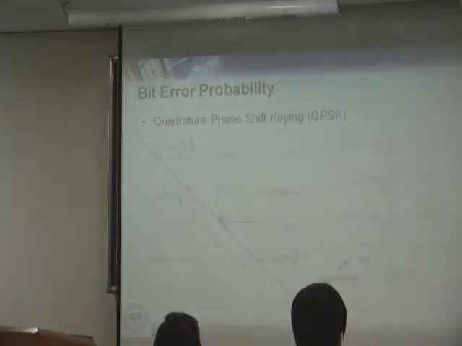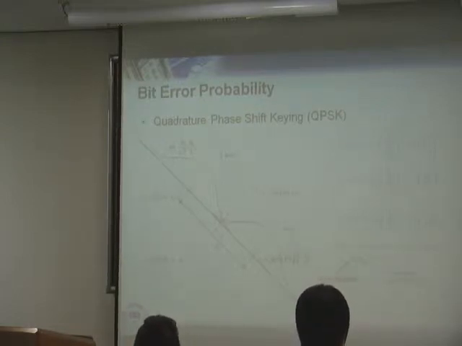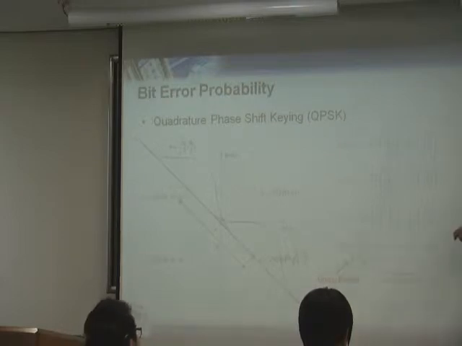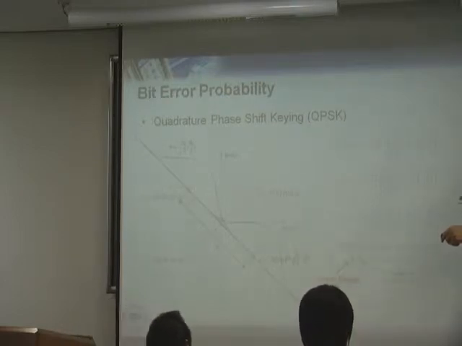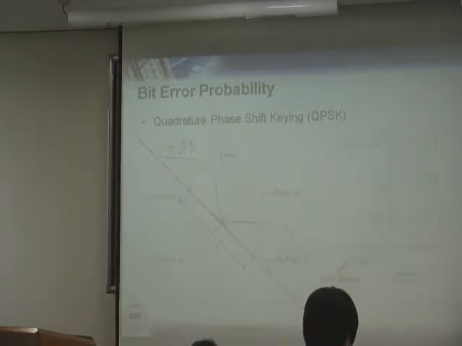So let's think about this case. I'm just giving you an example. Let's say this is QPSK. This QPSK case is symmetric, right? This one and this one, it looks like all symmetric. But just as an example, let's say these are my points.